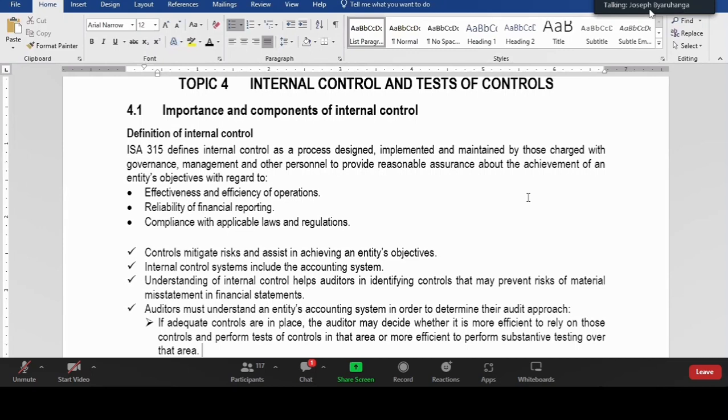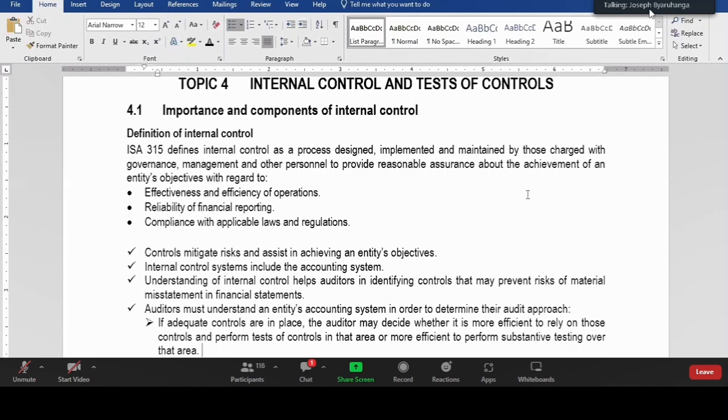We mitigate that risk by, for example, checking people before they enter the lecture rooms, invigilating, etc., to achieve the objective of ensuring that there is no cheating. So we have to identify what the objective is. The objective will lead us to a control.